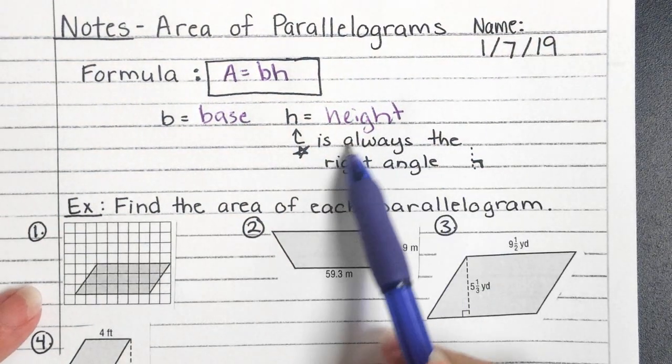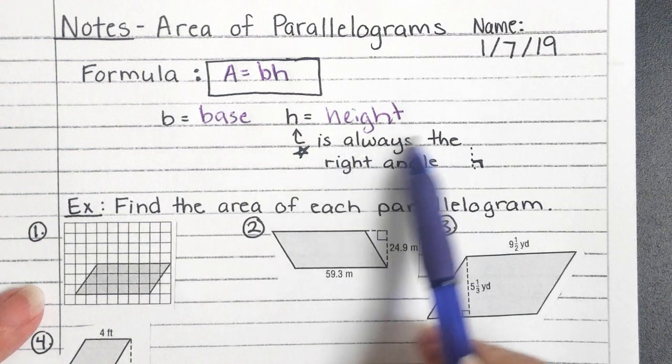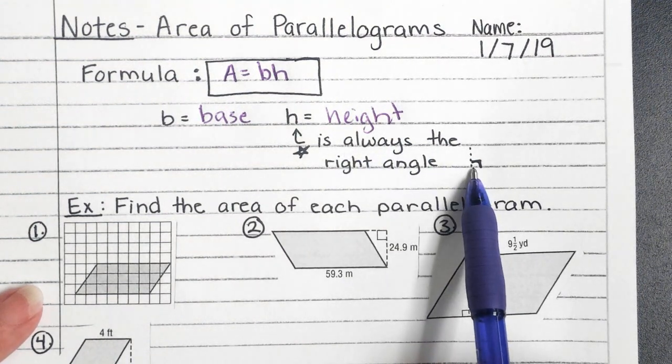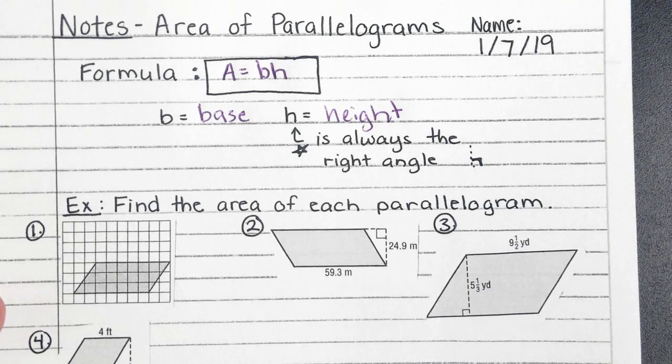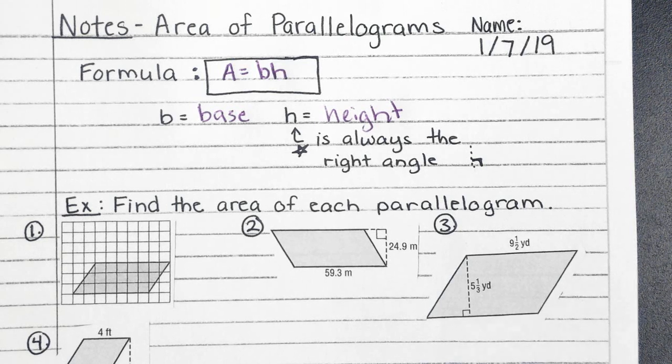And the height is always going to be at a right angle. Usually you see the dotted line and then the little right angle symbol. That's how you know it's the height. If you don't see that right angle symbol or that dotted line, you might not be looking at the height. Hint, hint.